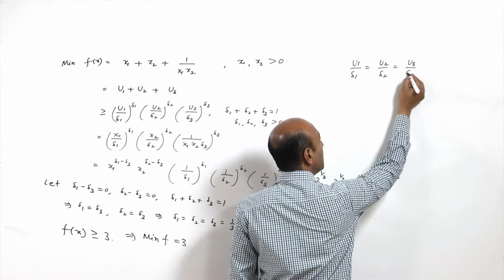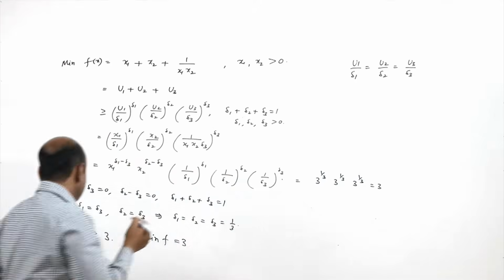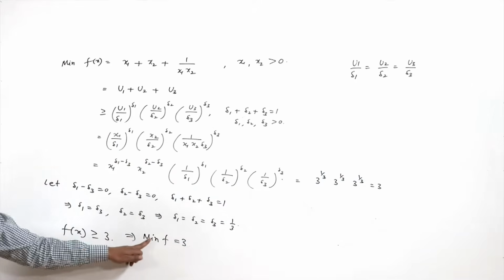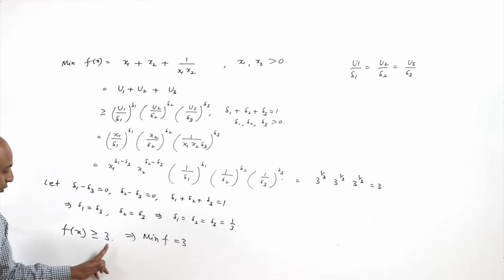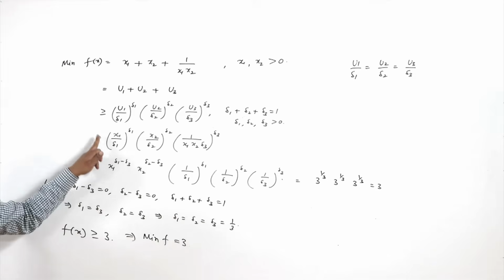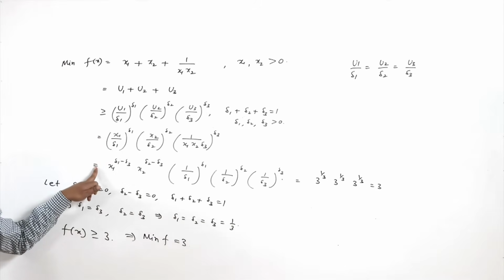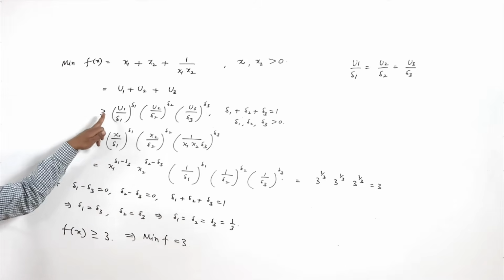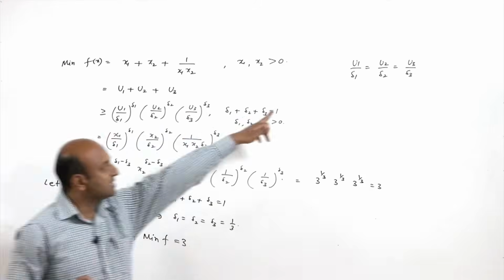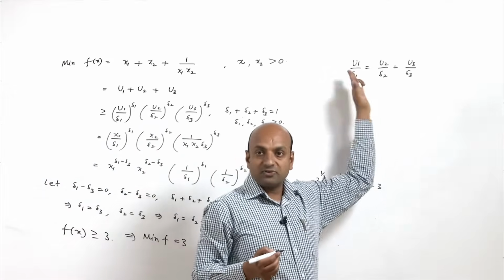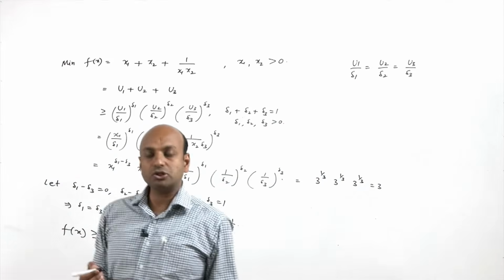This is an equality where we have the minimum value, so this equality we will obtain when all of these are equal.